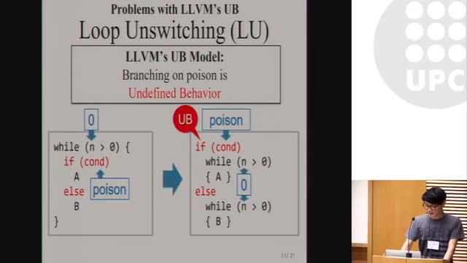So the conclusion is that to validate the loop unswitching, branching on poison must not be undefined behavior. This conclusion contradicts the conclusion from GVN that branching on poison must be undefined behavior. Therefore, we can easily see that whatever semantics we give to branching on poison, it will invalidate at least one of the two optimizations, GVN or loop unswitching.